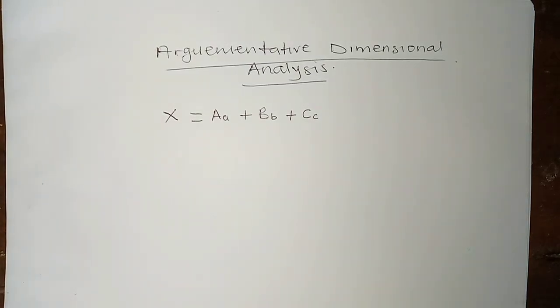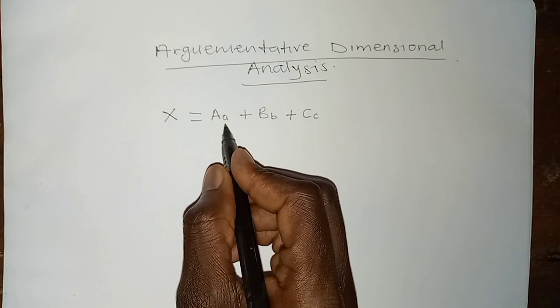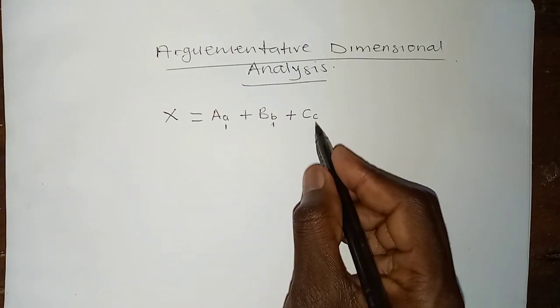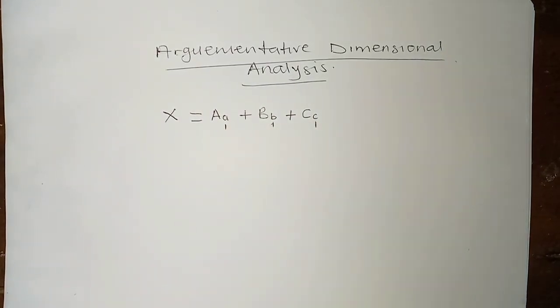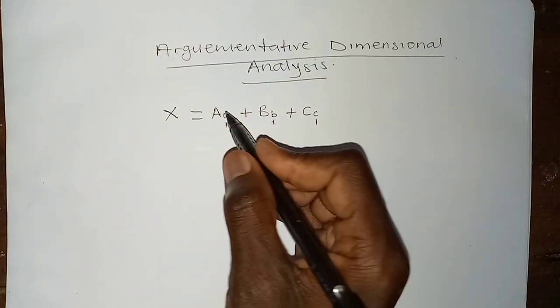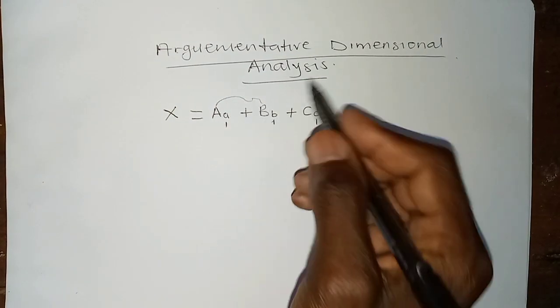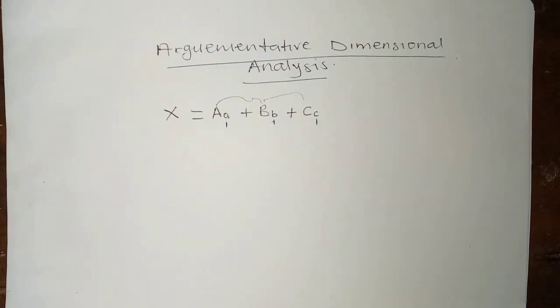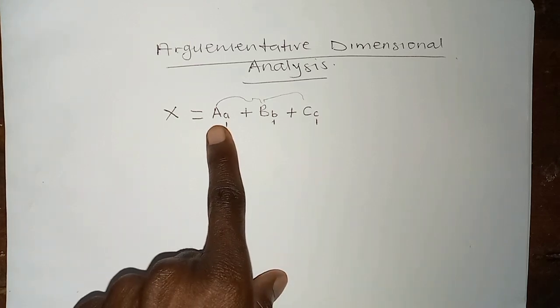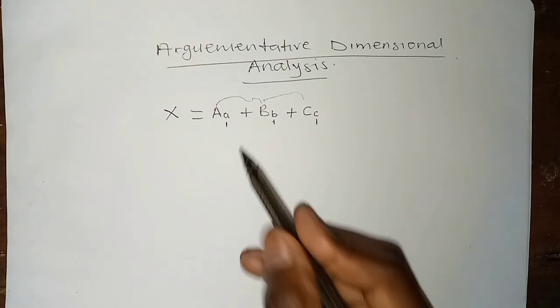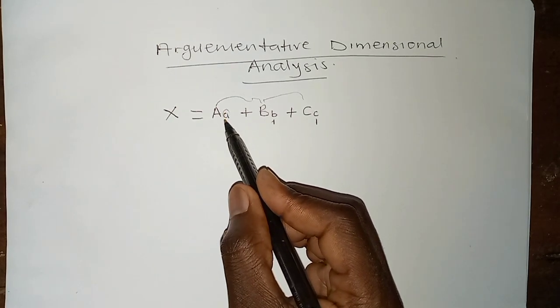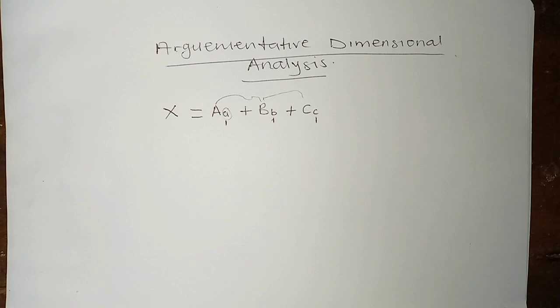A question may come whereby they are going to tell you that if A, B, C, D are dimensions, what are you supposed to do to come up with the dimensions of these capital letters as constants? What do you do? In all the situations that are coming in this format, whereby you want to come up with the dimensions of the capital letters A, B, C, having been given these as the quantities that will be having dimensions, what do you do?